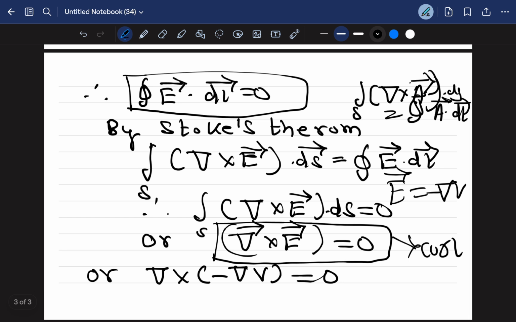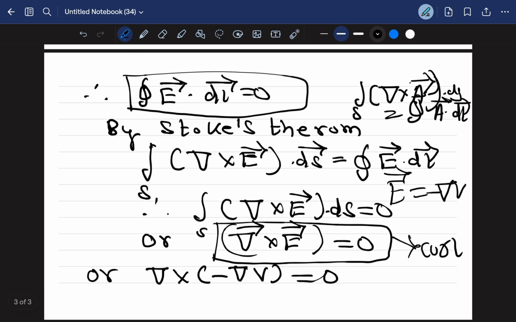So I hope you understand that the curl of any electric field, any conservative field, is equal to 0. That means the field is irrotational and conservative. So in any electric field, except for the electromagnetic induction field, the curl of the electric field is equal to 0.